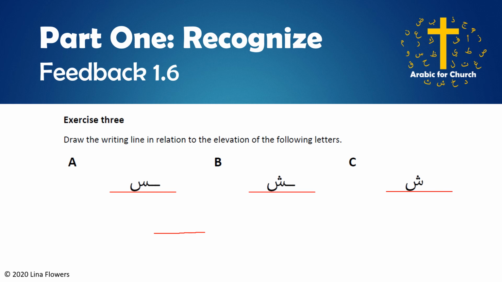So you start the connector here, and then you write whatever letter it is. So letter Sin will be like this. So you can imagine if there's no line, the writing looks nice. But if you had the line, then it looks a bit messy. So this is why Ruqa is more common.